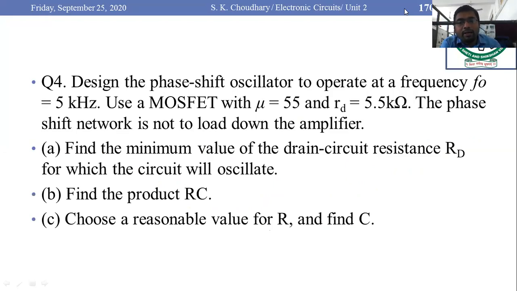The phase shift network is not to load down the amplifier. So you have to find three unknowns. First, find the minimum value of drain circuit resistance RD for which the circuit would oscillate. Second, find the product RC. And third, choose a reasonable value of R and find the value of the capacitor.